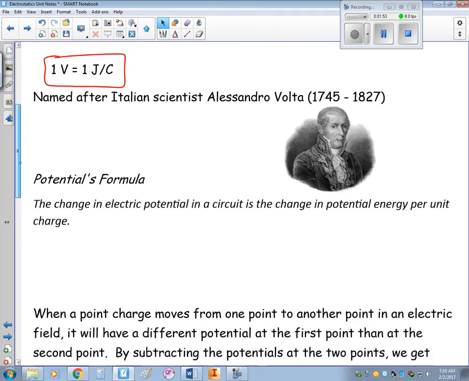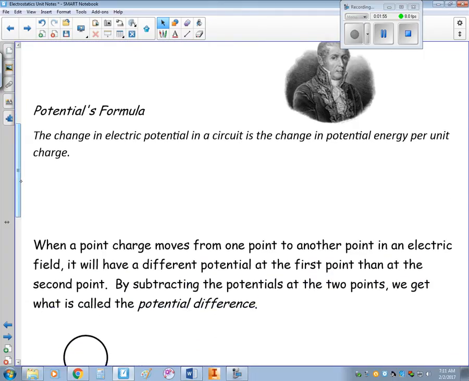So the formula for electric potential, the way we calculate this, it's kind of unfortunate we use a capital V. I'll put some blocks on this just to differentiate it. So electric potential equals the electric potential energy per unit charge.